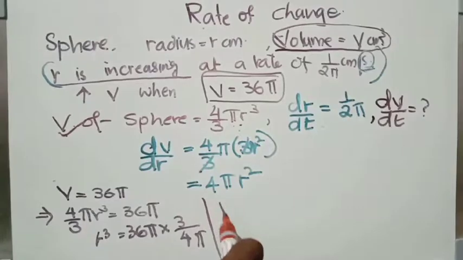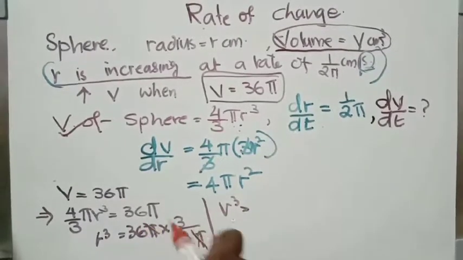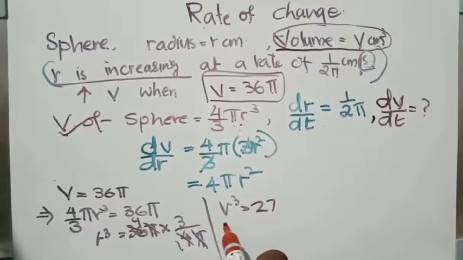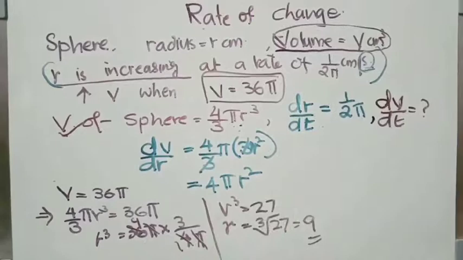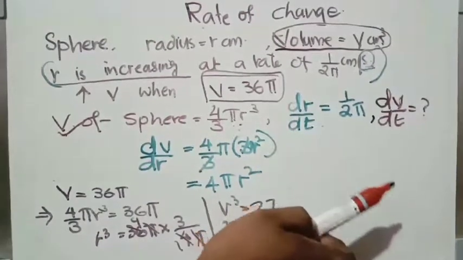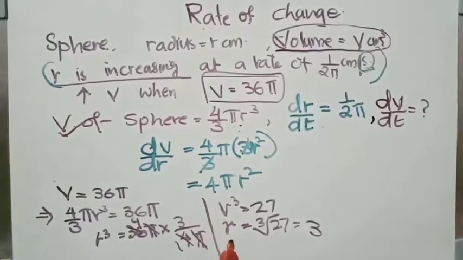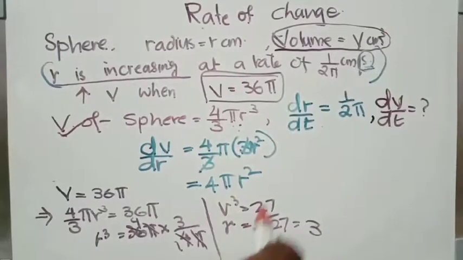That implies R cubed, pi and pi get cancelled. When you cancel 4 and 36, we get 9. So 9 times 3 is 27. So R is cube root of 27. Cube root of 27 is not 9, it is 3. Okay, so now we got the value of R as 3, isn't it?